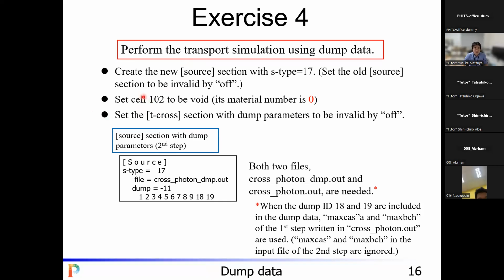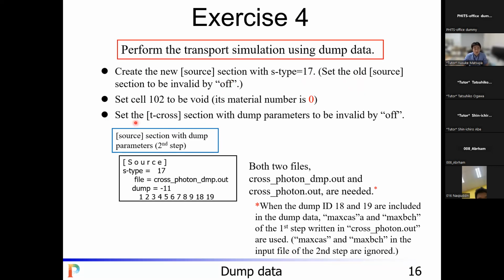First one, please create the new source section with S type equals 17. Also, please set the old source section to be inactivated by writing off.